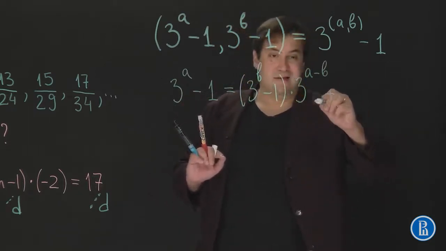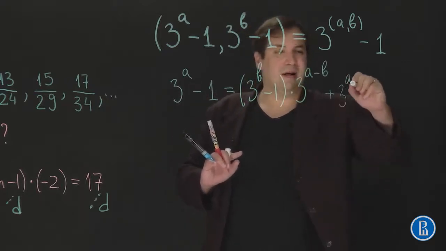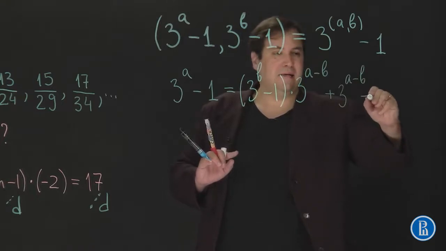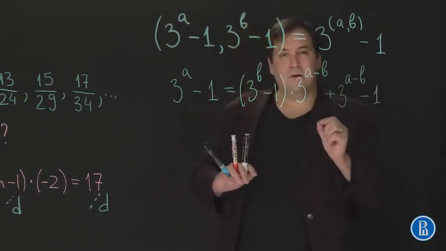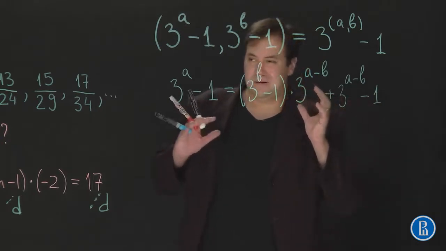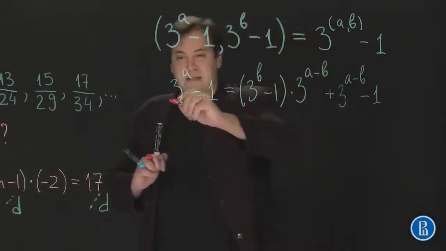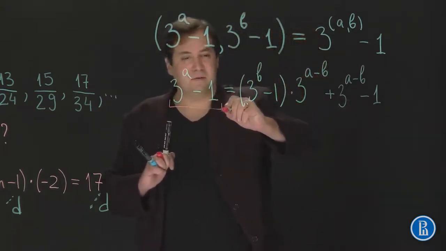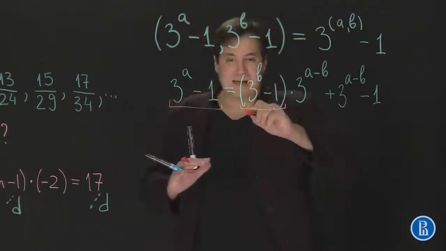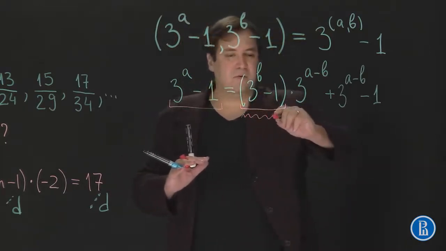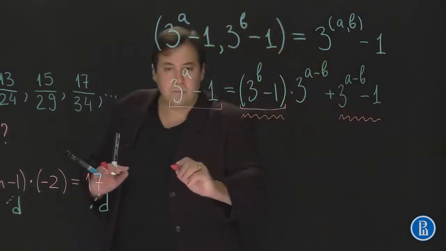And plus, we need to add 3 to the power a minus b and minus 1. And remember the main cause why the Euclidean algorithm works. It works because the greatest common divisor of these two is the same as the greatest common divisor of these two. So we can write this down.